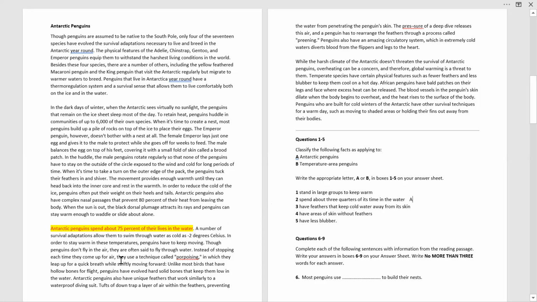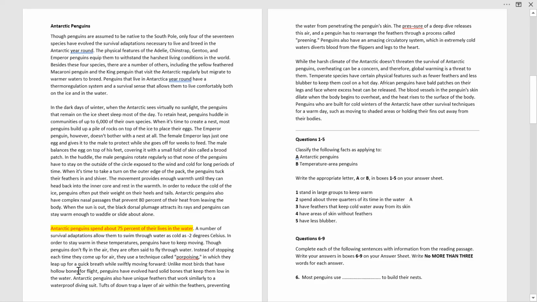And then a number of survival adaptations allow them to swim through water as cold as -2 degrees Celsius. In order to stay warm in these temperatures, penguins have to keep moving. Though penguins don't fly in the air, they are often said to fly through water. Instead of stopping each time they come up for air, they use a technique called porpoising, in which they leap up for a quick breath while swiftly moving forward.